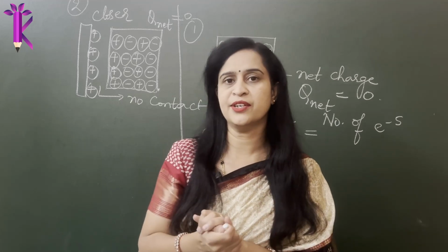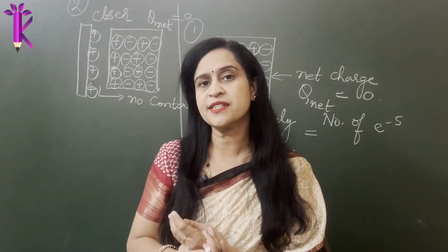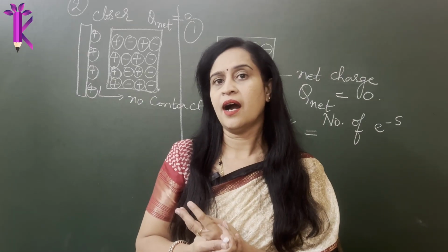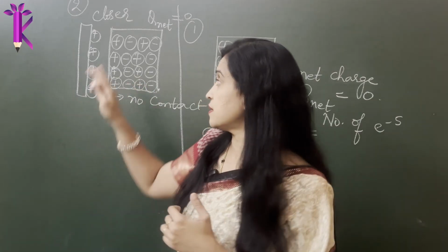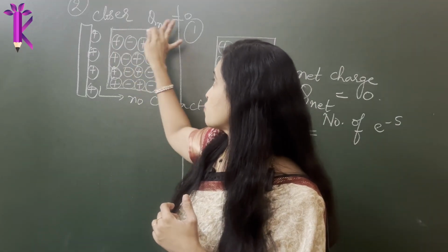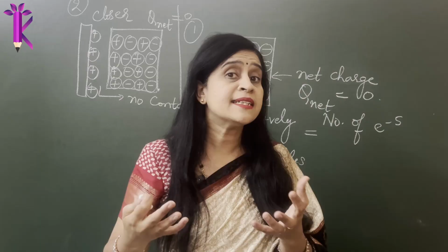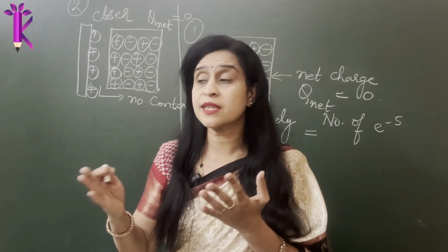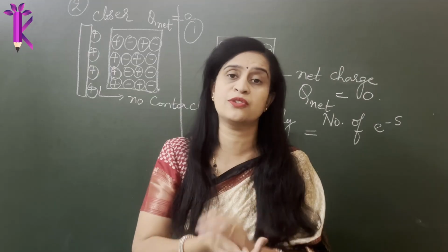Now here is the trick, or the twist. After some time I try to measure the charge, whether it is electrified or not. You see that this conductor, which was neutral, where the net charge on the system was 0, has acquired some charge without being in contact with the rod, but only by being closer to it.